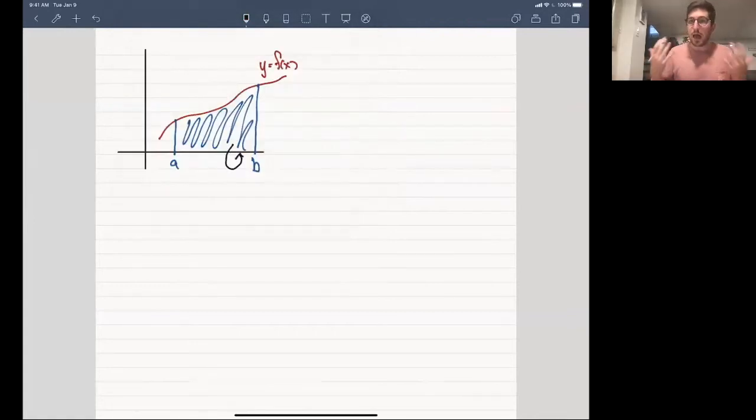And the question is, how do we compute the volume of this thing? Well, if we take the approach that we had in the previous lecture, we find these cross-sectional areas. So first thing first, what are the cross-sectional areas? Well, when you take a slice of this thing, because you rotated it, every single slice is a perfect circle.